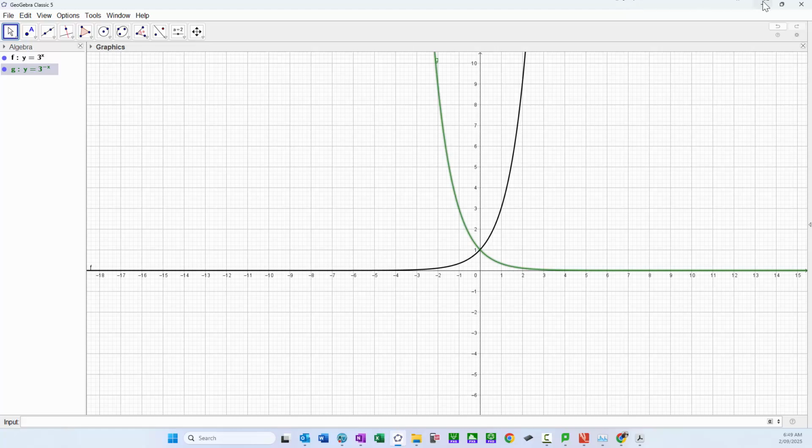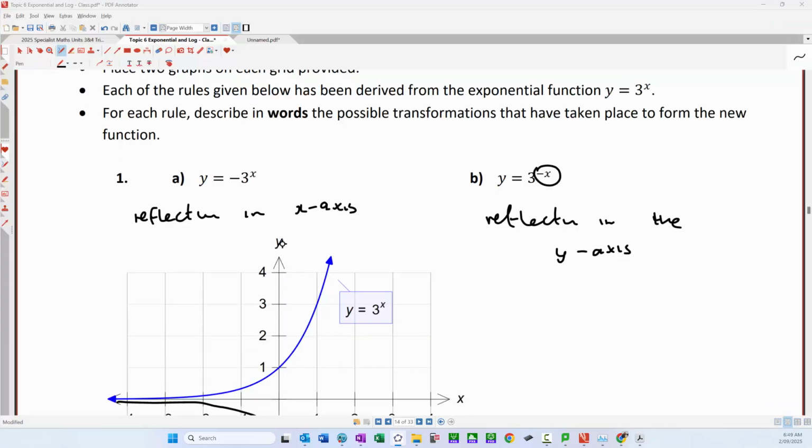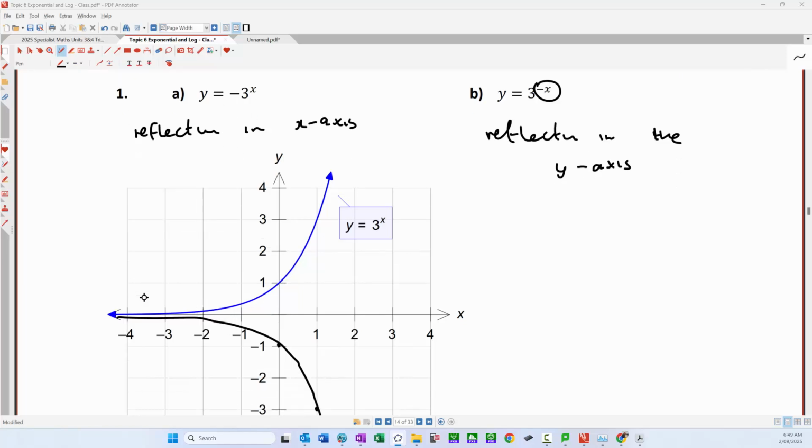So you can reflect in the y-axis, you can reflect in the x-axis, you can actually reflect in pretty much anything on the Cartesian plane if you want, but more on that in 11 Methods. At the moment, we just want to understand that that's a reflection in the y-axis. So again, I'll change color here to red.